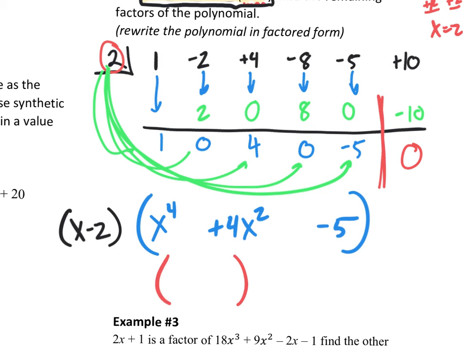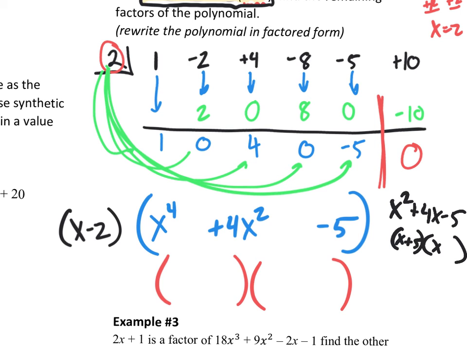If I said, oh, this is an x squared plus 4x minus 5, let's do that on the side. If it said x squared plus 4x minus 5, I could factor it. What times what is negative 5 that if I add together is positive 4? That's a positive 5 times a negative 1. So I could factor that.